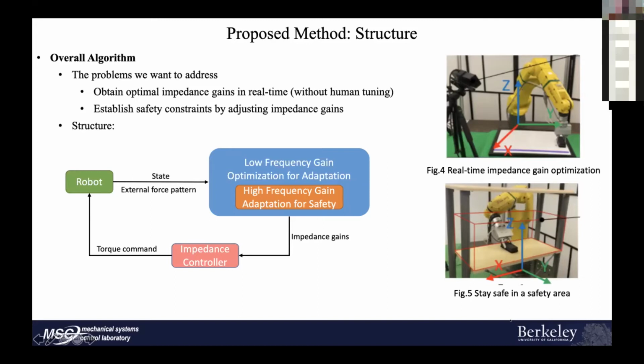So the overall structure is something like this. The optimizer will take the robot's current state and a series of external force data into account and solve an optimization problem. The solved impedance gains will be sent to an impedance controller to control the robot and regulate future robot behaviors.